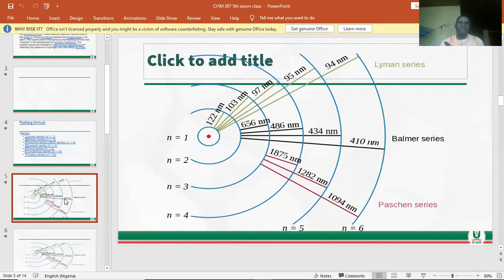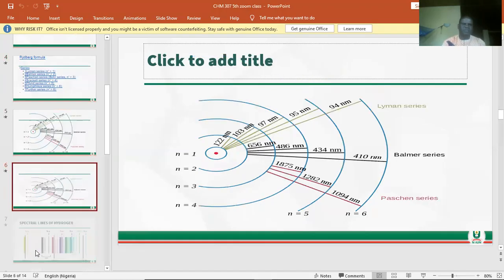Now, you also have the wavelengths, from 112 nanometers to 194 nanometers, which fall along the Lyman series. You also have from 410 nanometers to 656 nanometers, which fall in the Balmer series, and 1094 nanometers to 1875 nanometers, which fall in the Paschen series, and so on and so forth.